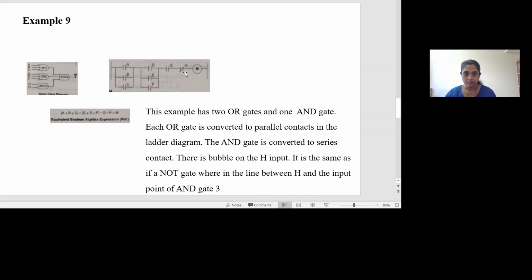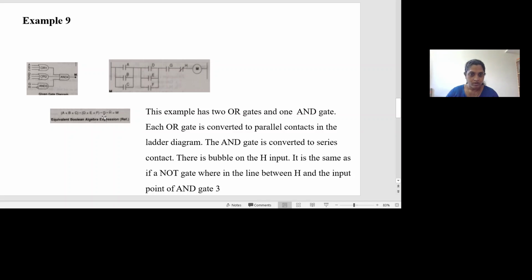And the Boolean equation is that here ABC are ORed together, so plus is used. Similarly, DEF inputs are ORed together, so I have used a plus here.